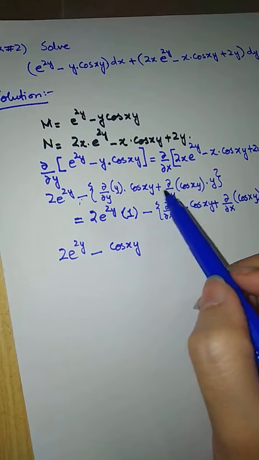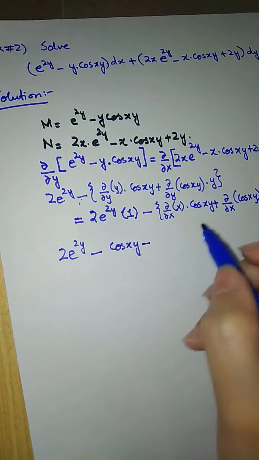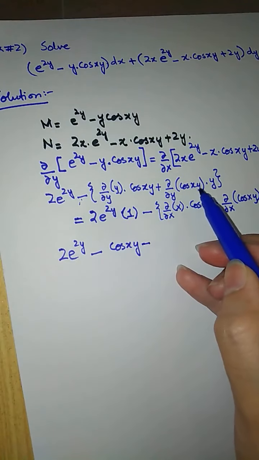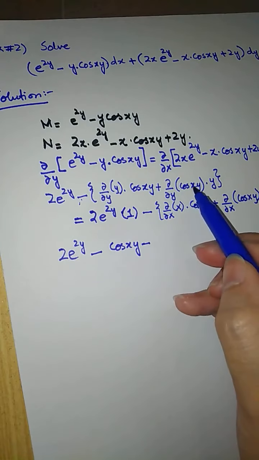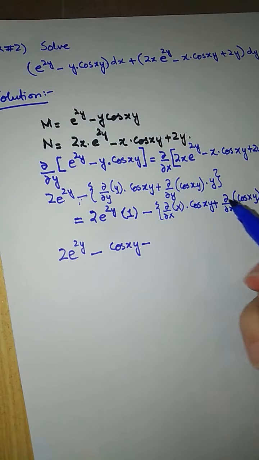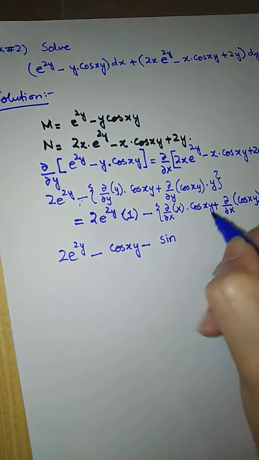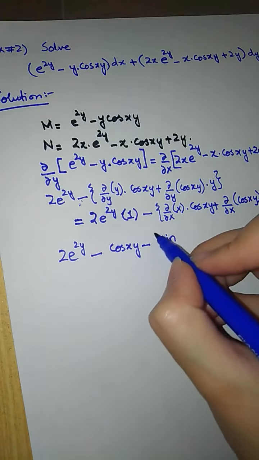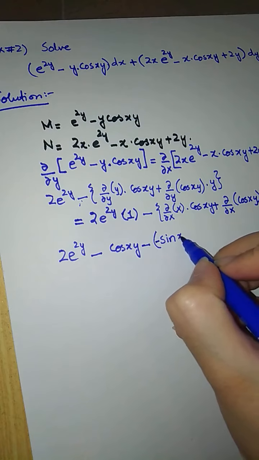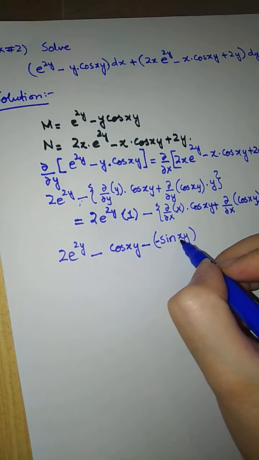Then for cos(xy), the angle theta is xy and x is a constant here.